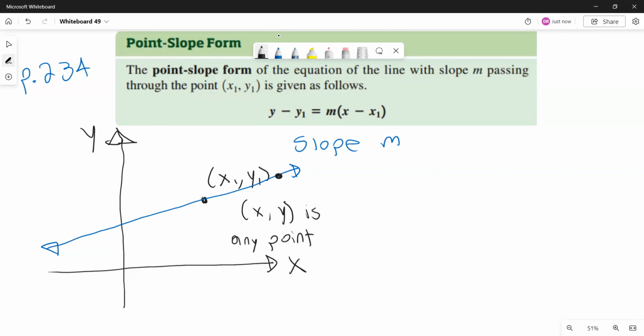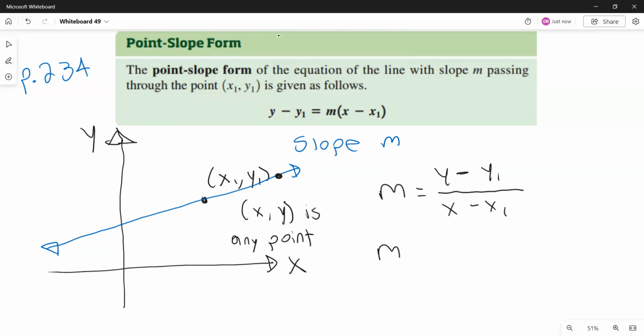Okay, so the formula for the slope, that's one of the things we did in the last video. The slope is the rise over the run, so this is y minus y1 over x minus x1. So bring the denominator to the other side: m times x minus x1 equals y minus y1.